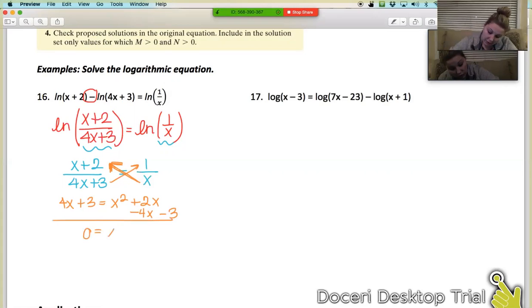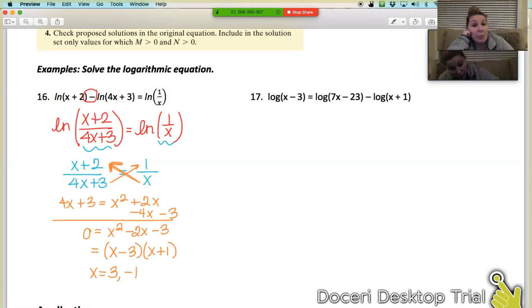I get 0 equals x squared minus 2x minus 3, and we got lucky again. This is also factorable. So I get x minus 3 and x plus 1, which means my possible solutions are positive 3 and negative 1.